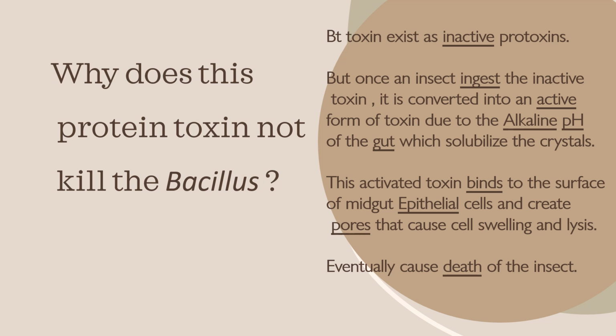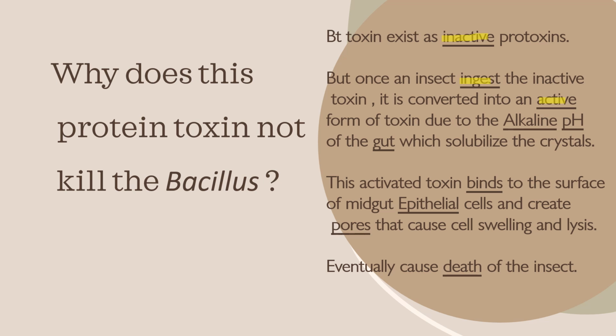Here you can see Bt toxin primarily exists as inactive protoxin form. But once an insect ingests the inactive toxin, it is converted into the active form of toxin due to the alkaline pH of the gut of the insect, which solubilizes the crystals of toxin.